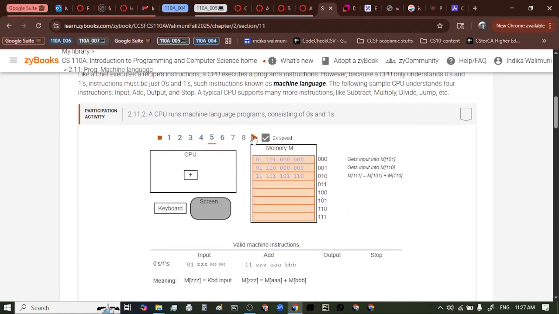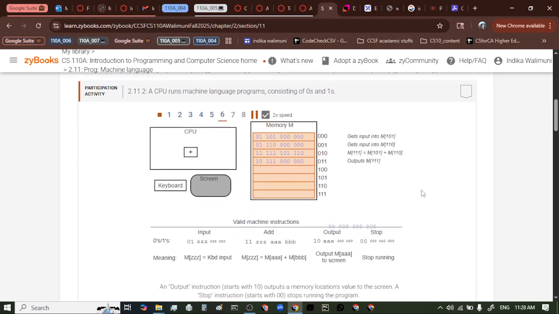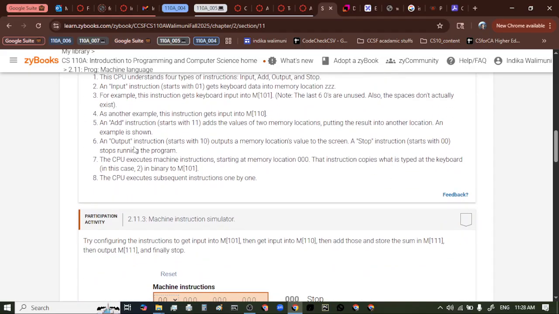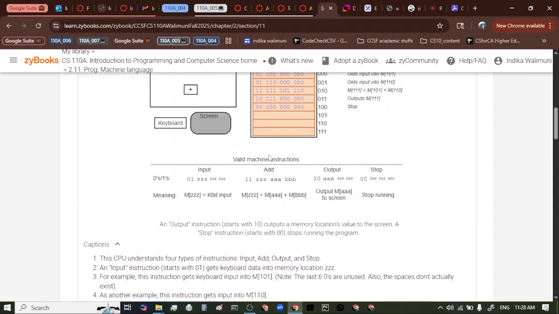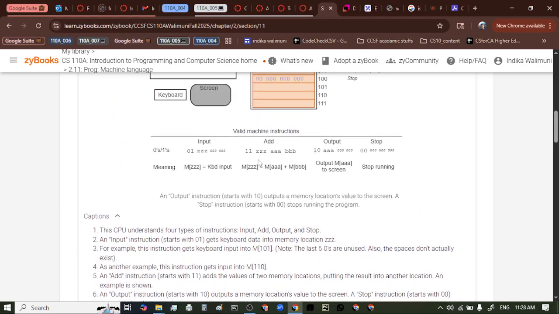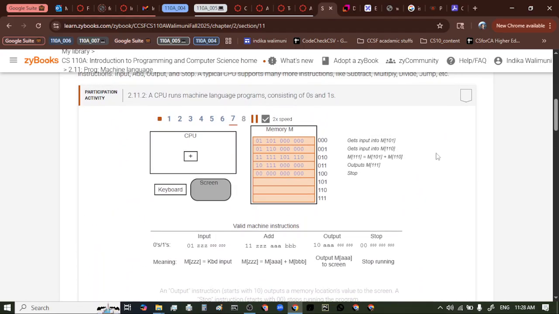So let's play that. So the output instruction starts with 1010. That's what we have over here. And then in the end it's stop, right? So we're gonna go into that actually.